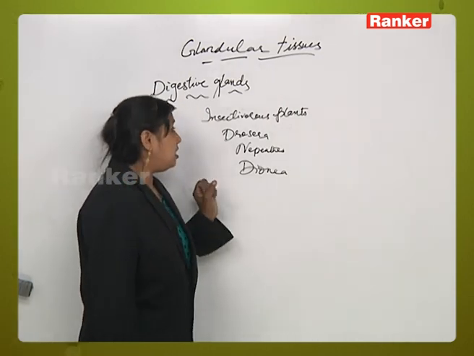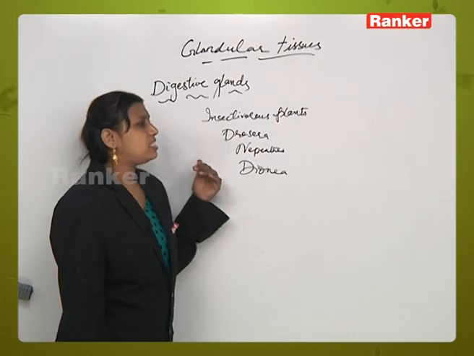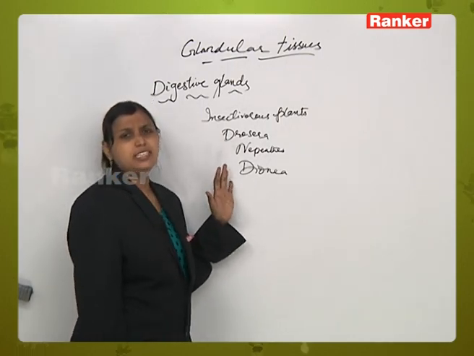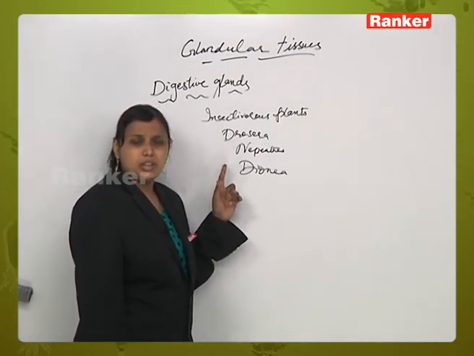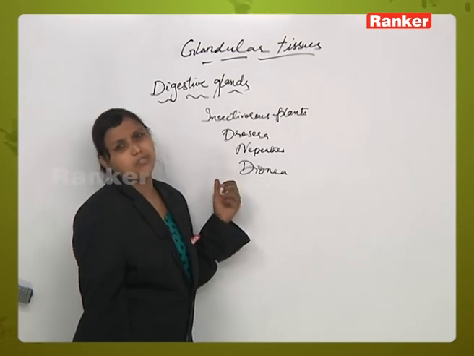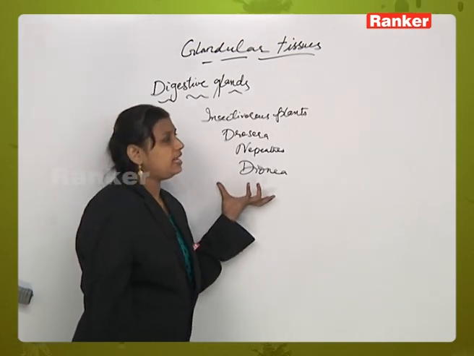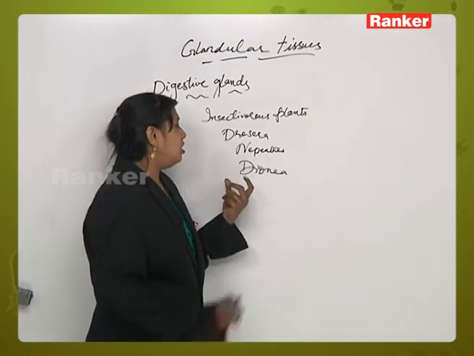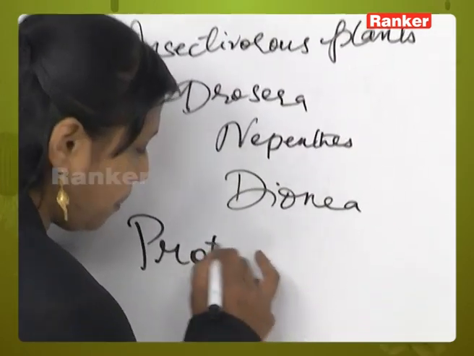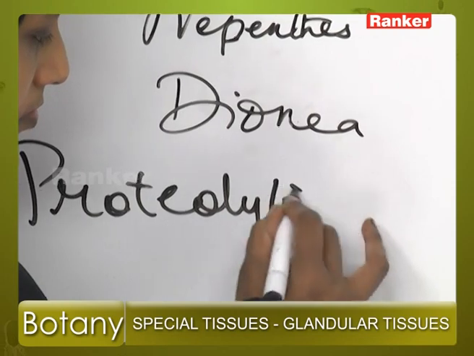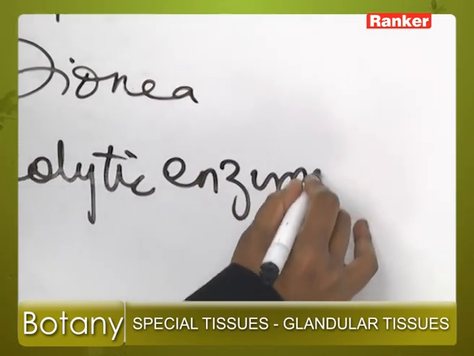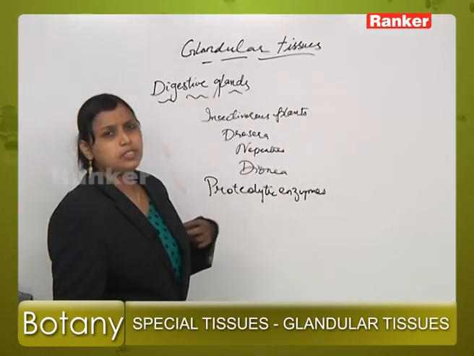And these digestive glands, which are required for overcoming the nitrogen deficiency of insectivorous plants, will secrete a proteolytic enzyme and later they absorb the nutrients.